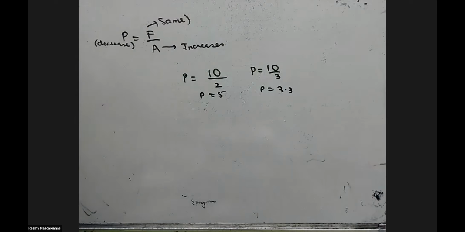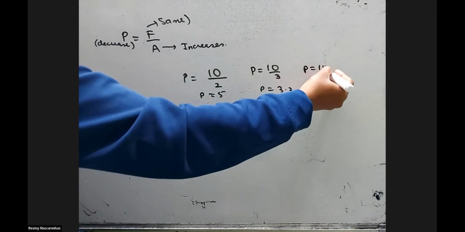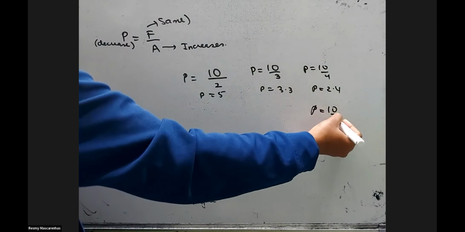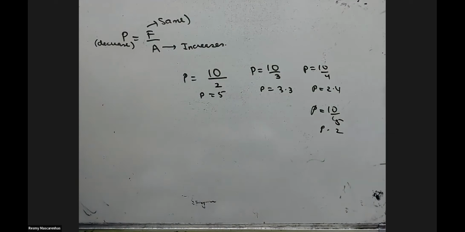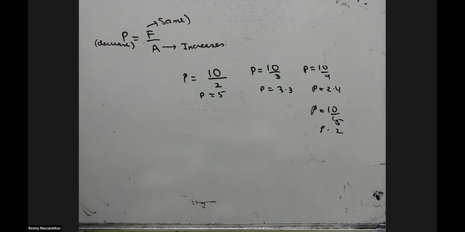Something like 3 point something. As you increase the area, what is going to happen? Directly put the values in and see. As the area increases, pressure will decrease. So this is what you have to understand.